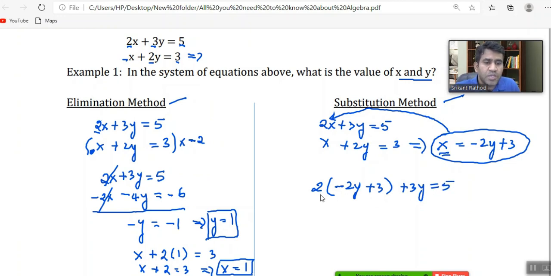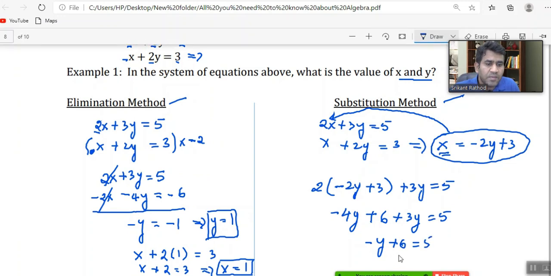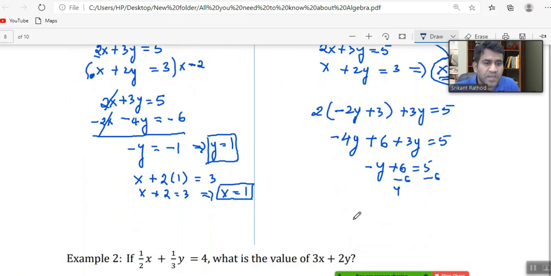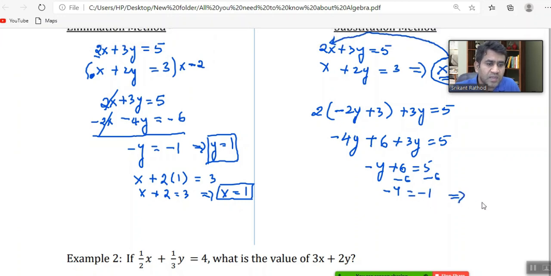Apply the distribution: 2 times -2y is -4y, and 2 times 3 is 6, plus 3y equals 5. So -4y plus 3y becomes -y plus 6 equals 5. Subtract 6 from both sides, and we get -y equals -1, or y equals 1.